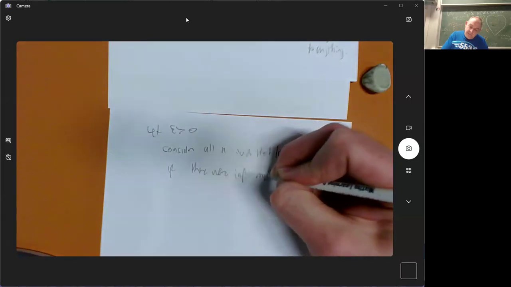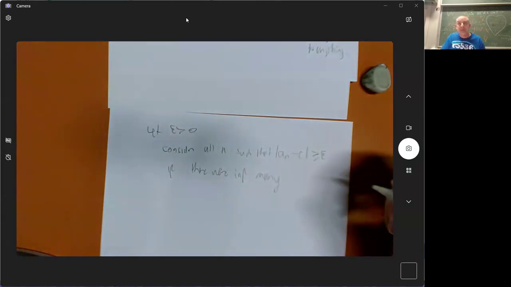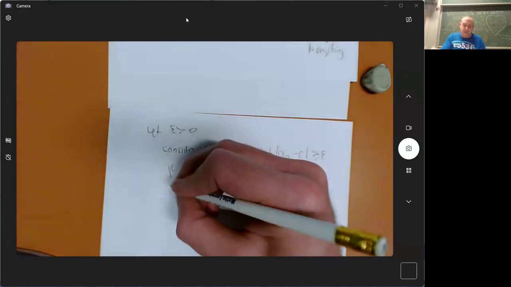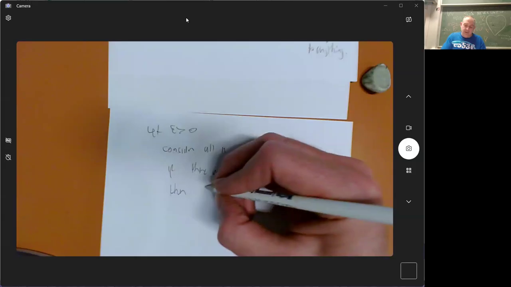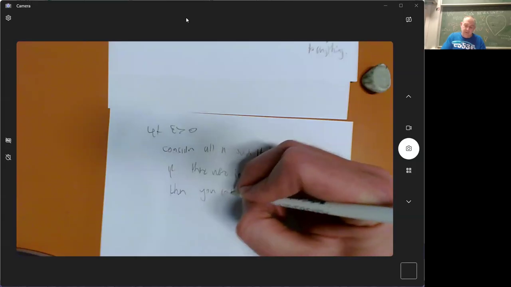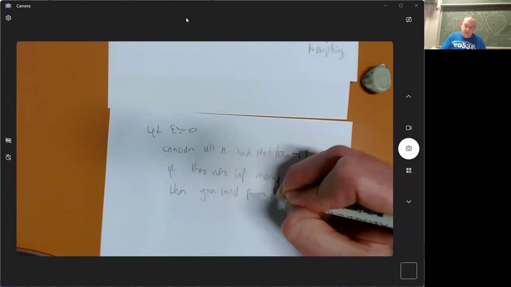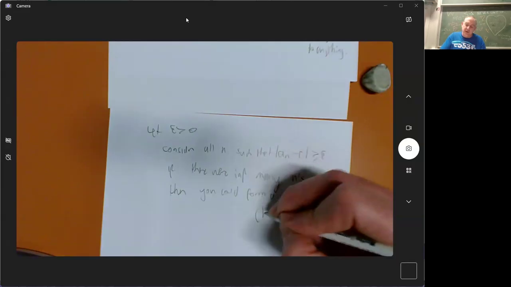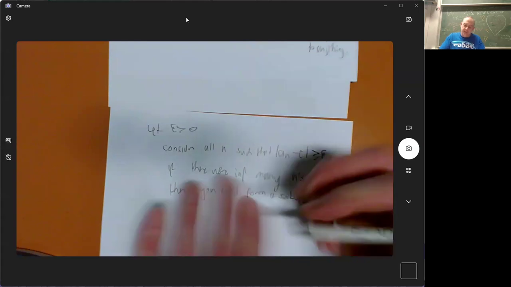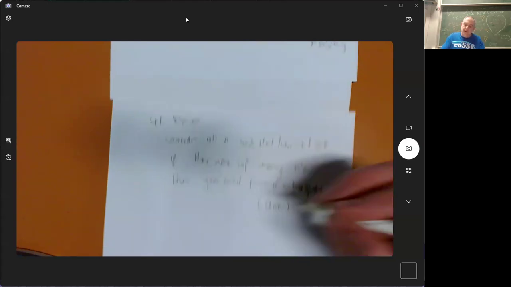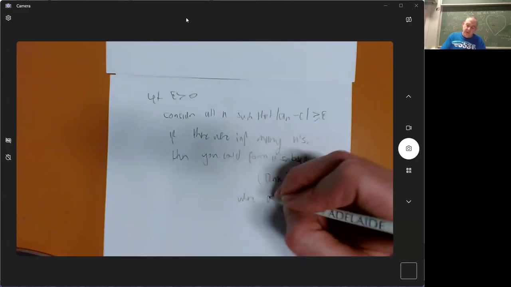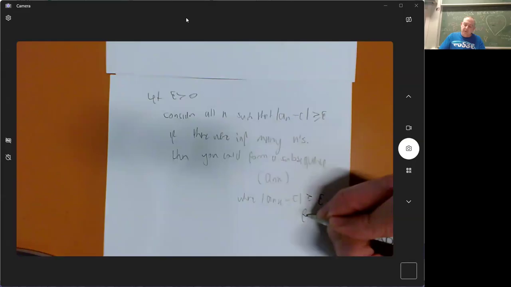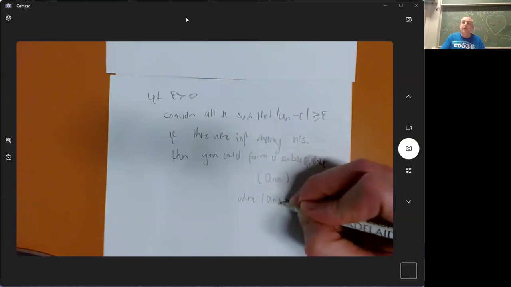Okay, so if there are infinitely many n's, then you could form a subsequence a_{n_k}, where |a_{n_k} - C| is greater than or equal to epsilon for all k.